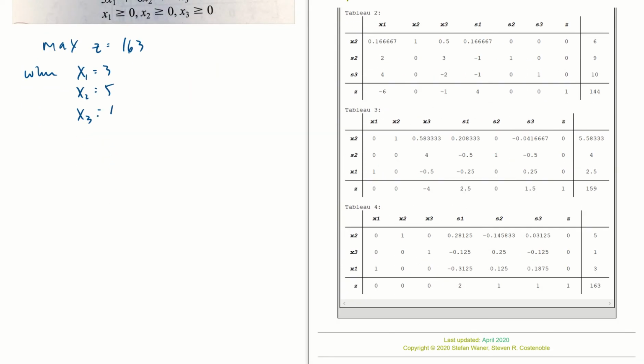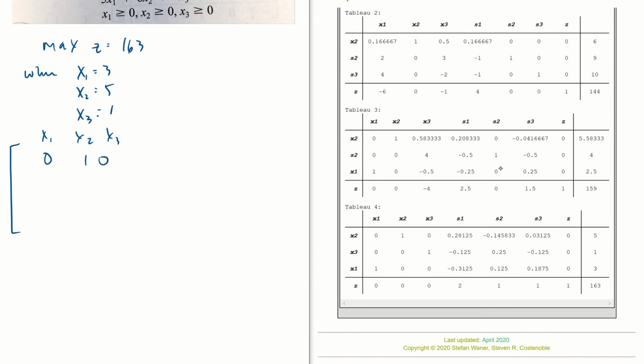If I come down and look at the final tableau, I have x1, x2, and that's all I'm really worried about you having here. You can round these, like 0.28. Then 0, 0, 1.